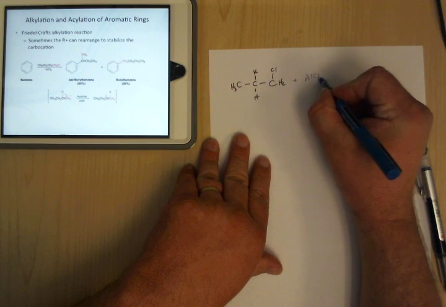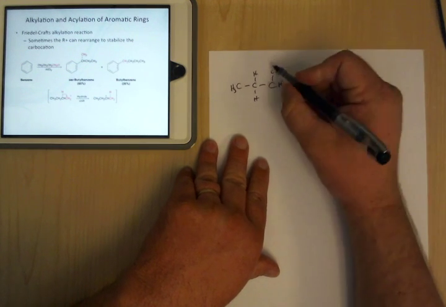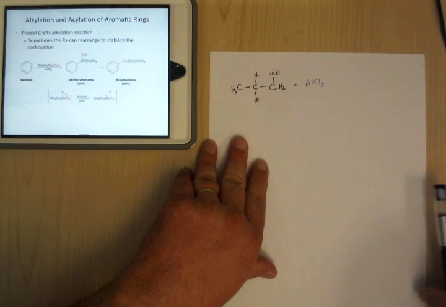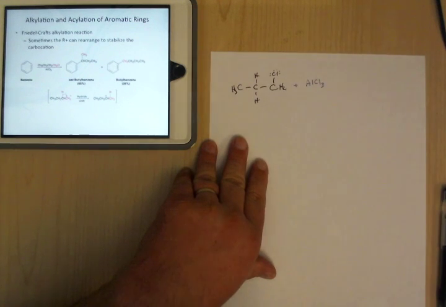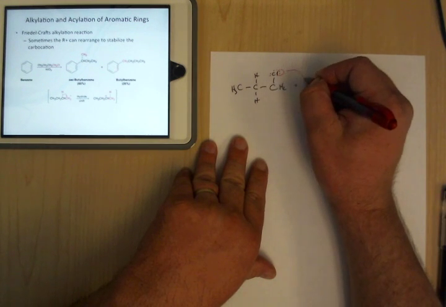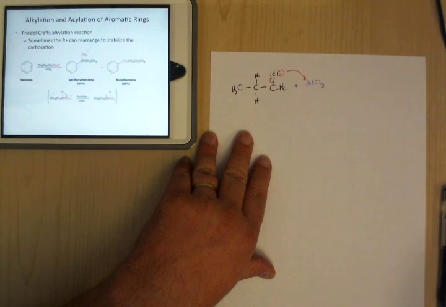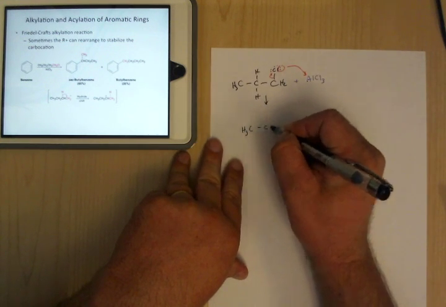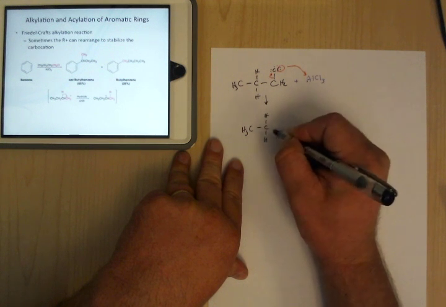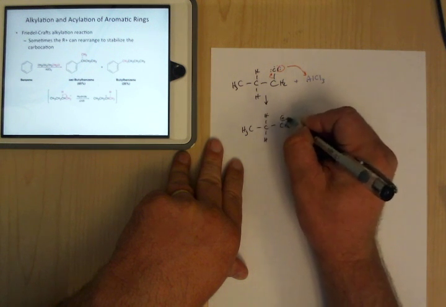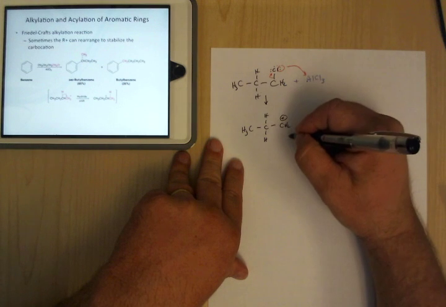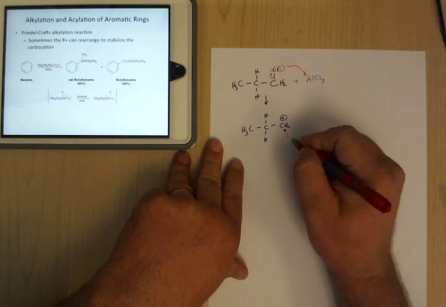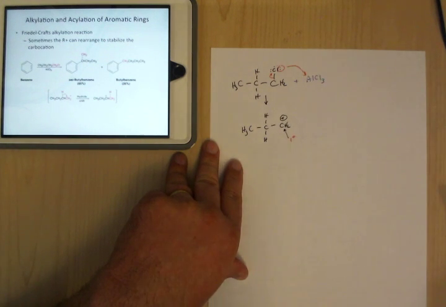You have aluminum chloride, so the lone pairs are going to attack there, but in doing so, it pulls that away. So you end up with the carbocation. That's a primary carbocation. That is a terrible idea.